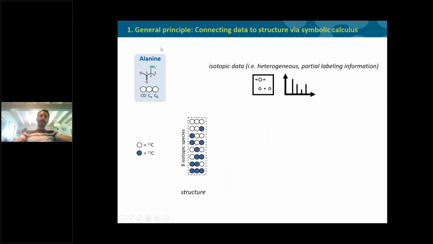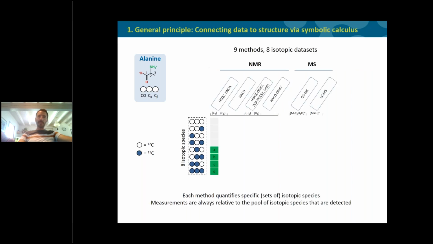So still with the example of alanine, here you have the isotopic space of alanine, so 8 isotopic species. And the basic principle of our approach is connecting the data to the structure using symbolic calculus. So I will briefly present the approach before illustrating it with different examples.